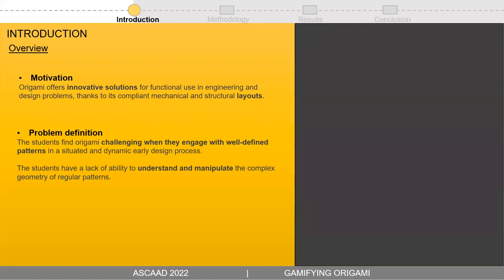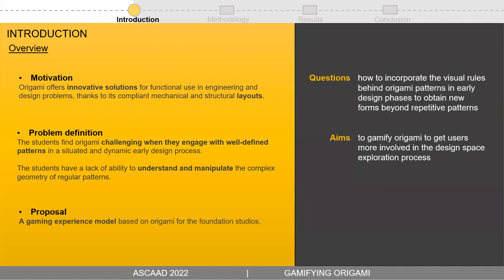Although the design problems are ill-defined and iteratively restructured throughout the process, the lack of ability to understand and manipulate the complex geometry limits the designer's action parallel to design decisions. Consequently, the resulting designs are limited to the exact copy of the same patterns and poorly adapted to the design context.